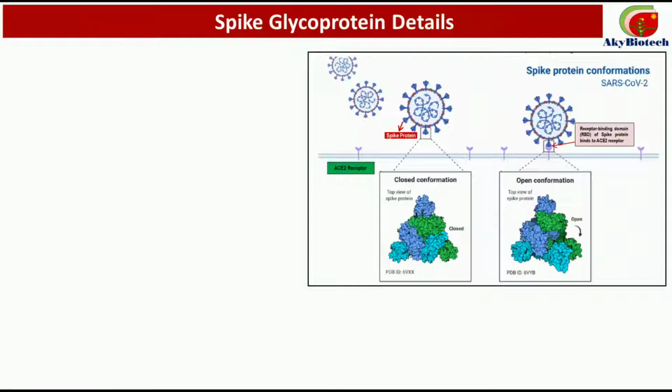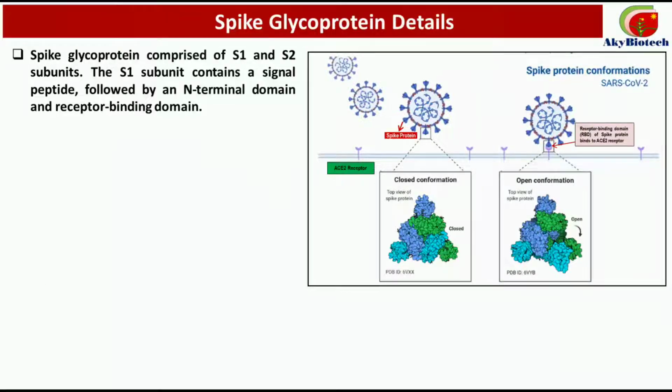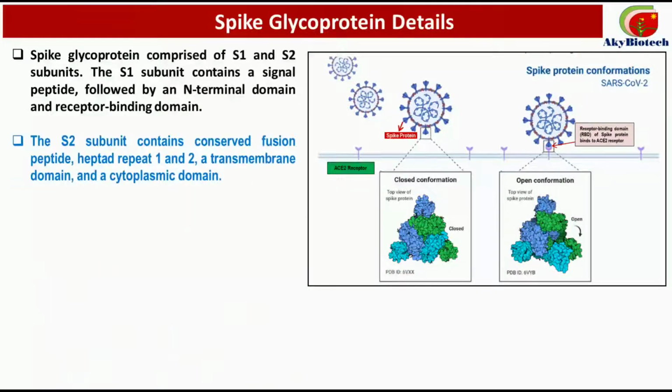This is the spike glycoprotein detail, and this is the conformation of the spike glycoprotein. The figure towards your right side explains the conformation of the spike glycoprotein. Spike glycoproteins have two subunits, that is S1 and S2. Coming to the S1 subunit, it contains a signal peptide, followed by an N-terminal domain, and third, it has the receptor binding domain.